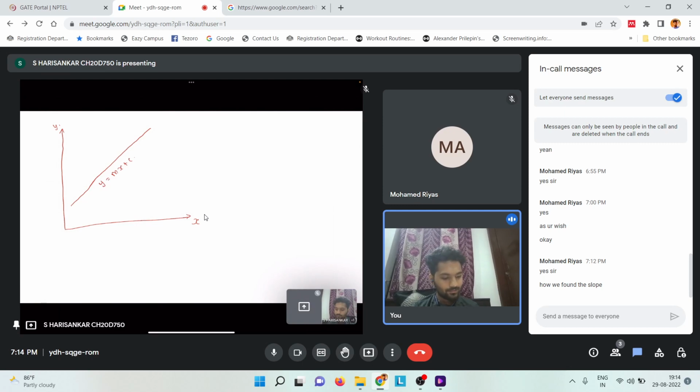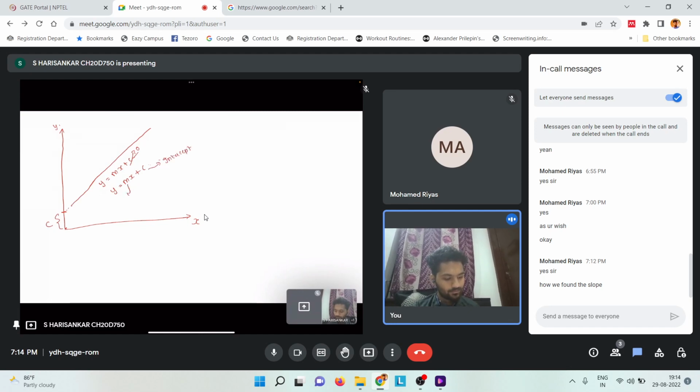So this c here is basically the intercept of this line with the y-axis. Okay. So in the previous drawing question, this was 0 because this line was going through 0. So basically y equal to mx plus c, and this c is the intercept.